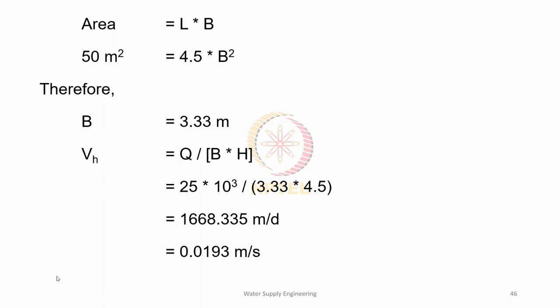Substituting, we'll get it as 1668.335 meter per day, or converting into meter per second, we have 0.0193 meter per second. Hope that is clear.